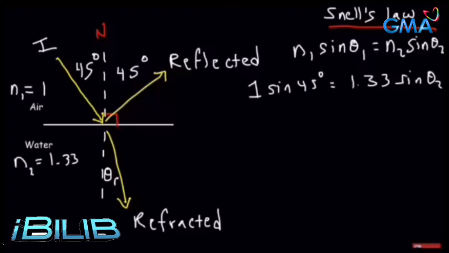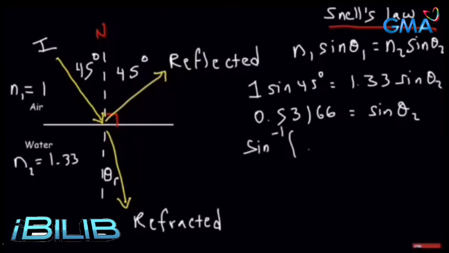Sine 45 is equal to the square root of 2 divided by 2, which as a decimal is 0.7071. If we divide that by 1.33, we'll get that 0.53166 is equal to sine of the second angle. Now, in order to calculate that angle, we need to use the arc sine or the inverse sine function.